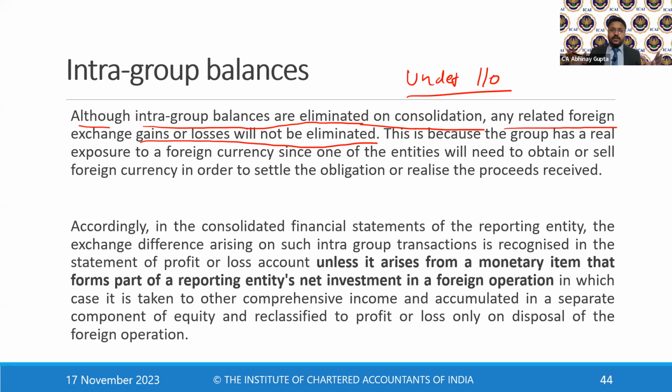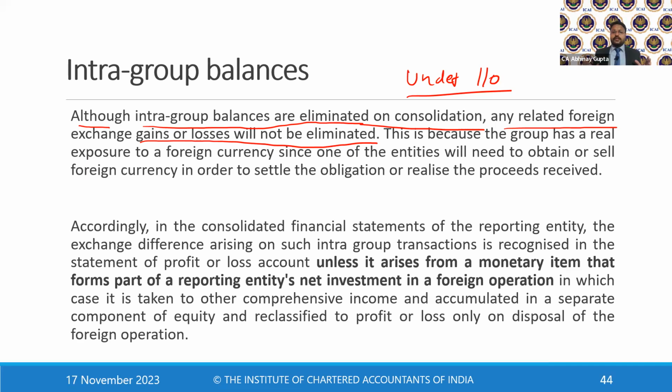Consolidated financial statements only knock off the balances, but to settle those obligations we have the real exposure arising from transactions in different currencies. Hence we are exposed to forex risk.